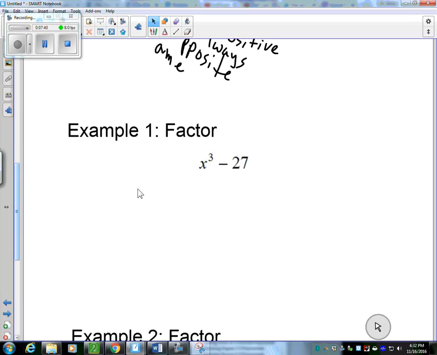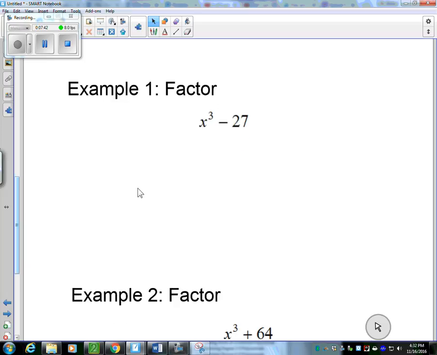So I immediately noticed that on x cubed minus 27, it's a subtraction, so we're going to do a difference of cubes formula. First you see if there's a greatest common factor, always. In this term, there's no greatest common factor. So to find your a, you cube root the first term.